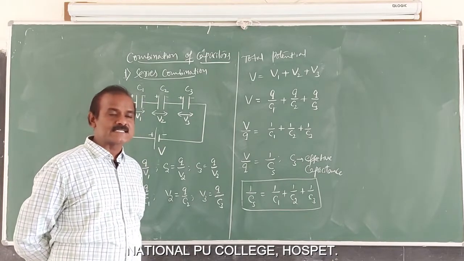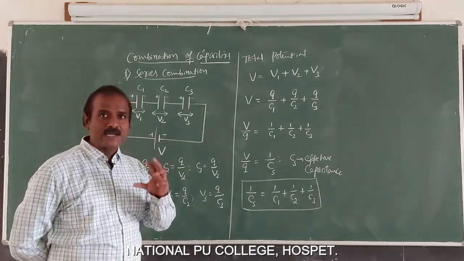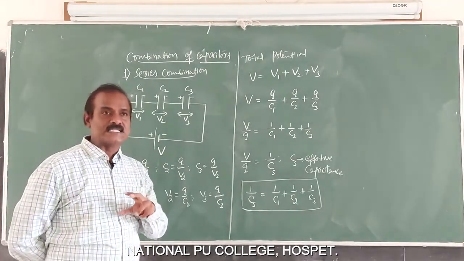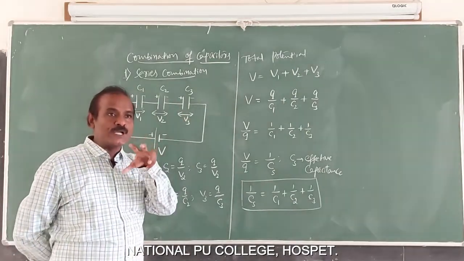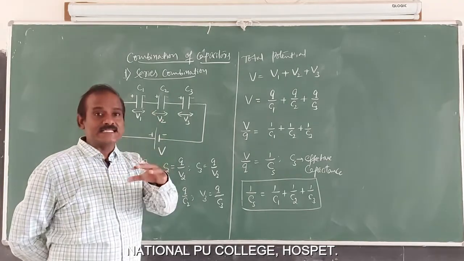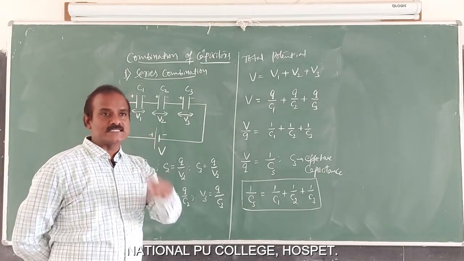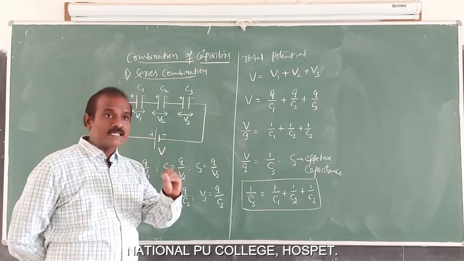It means whenever you combine capacitors in series, the net value is going to decrease, and it will be lower than the lowest.